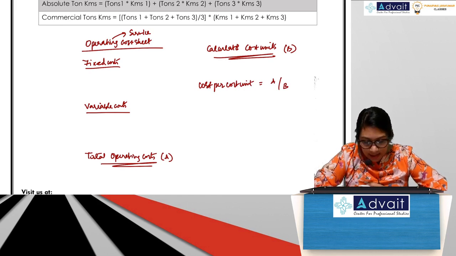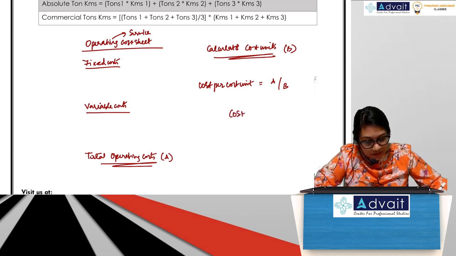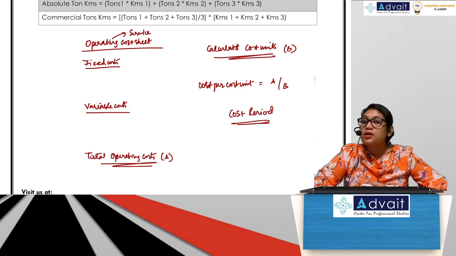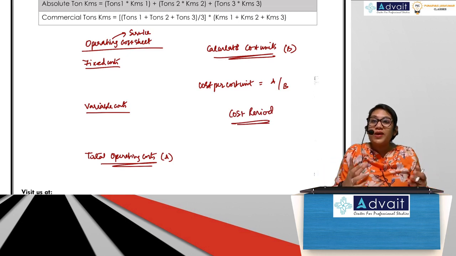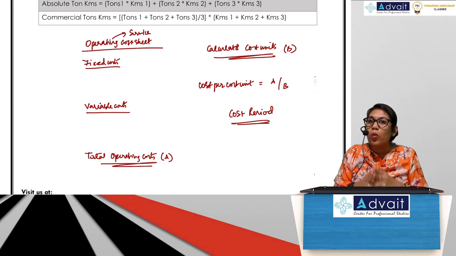Now again, when we look at problems in operating costing, it is very important to emphasize the cost period. Please look for what the cost period is, which means for which period you are going to accumulate cost. Is it going to be 1 year? Is it going to be 1 month? So look for clues.